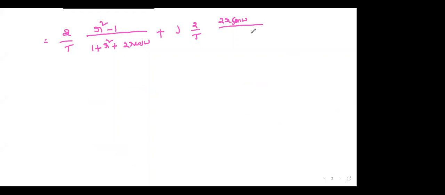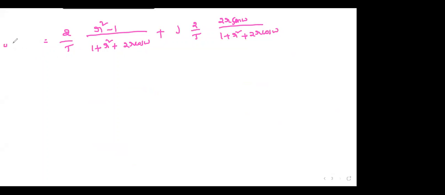Therefore, if you separate the real part and imaginary part, the real part is 2 by t into r square minus 1 by 1 plus r square plus 2r cos omega, and plus j into 2 by t into 2r sin omega divided by 1 plus r square plus 2r cos omega.